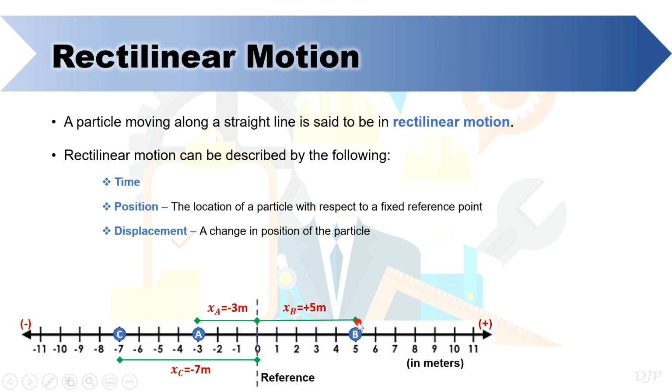Displacement, another vector quantity, is used to describe the change in position of the particle. It is actually the difference between final and initial position.